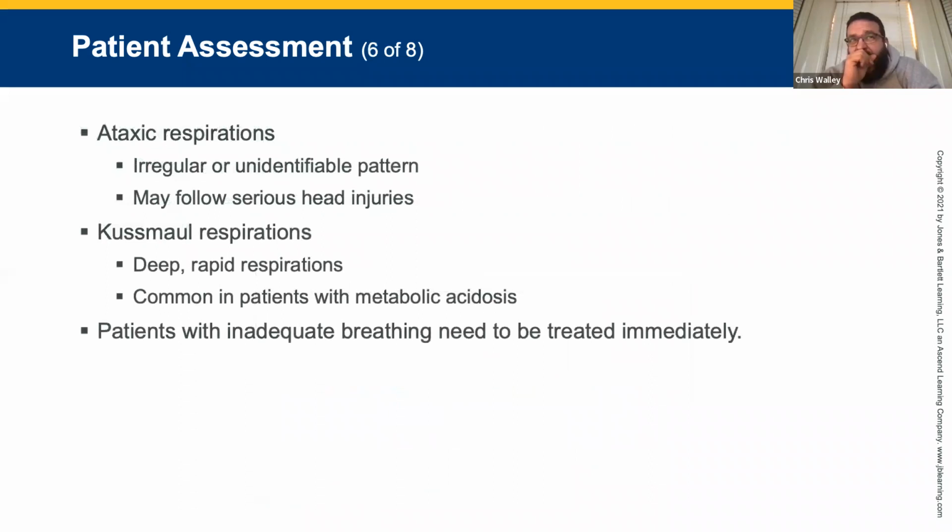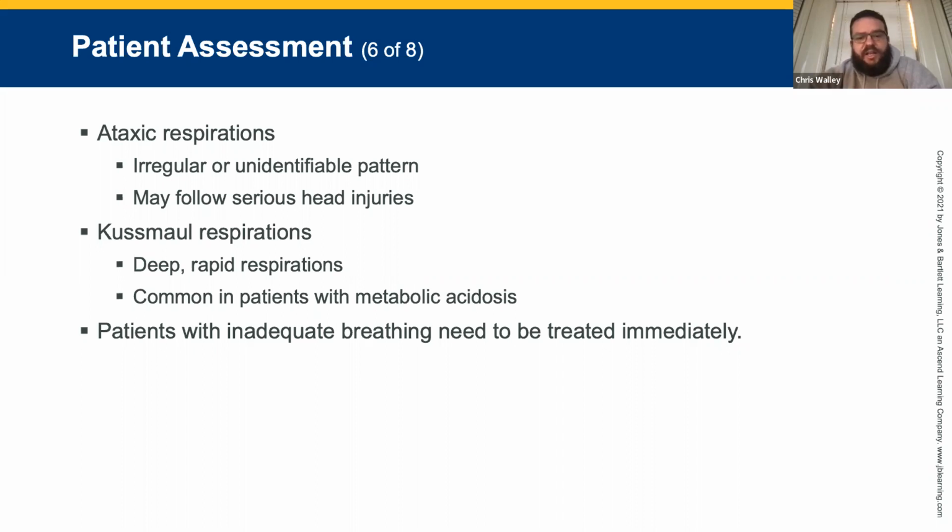All right. So we talk about ataxic respirations, which have an irregular or unidentifiable pattern and may follow serious head injuries. Let's see. Patients experiencing a metabolic or toxic disorder may display other abnormal respiratory patterns such as Kussmaul respirations. Kussmaul respirations are deep, rapid respirations commonly seen in patients with metabolic acidosis.